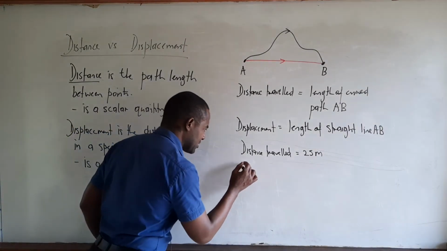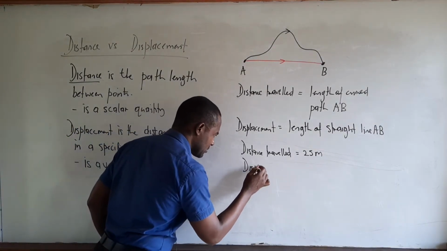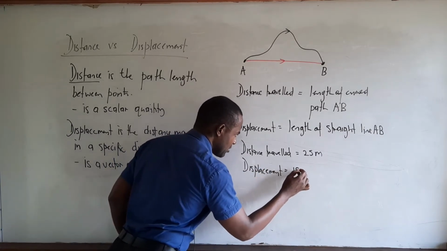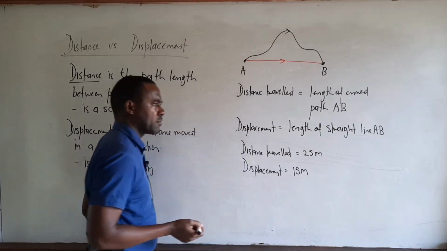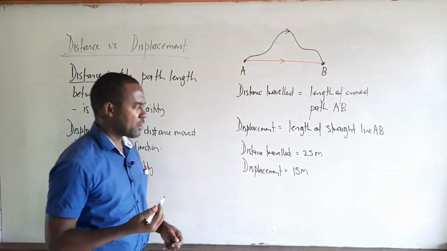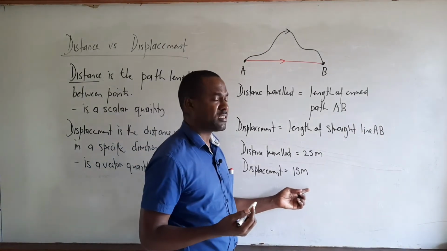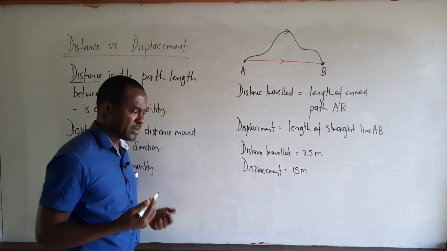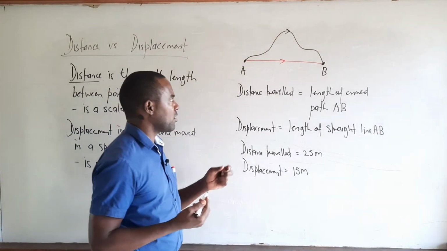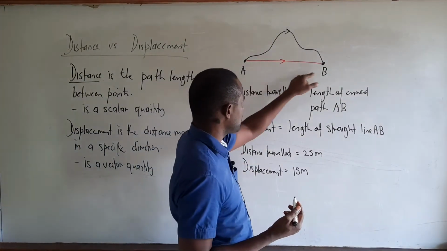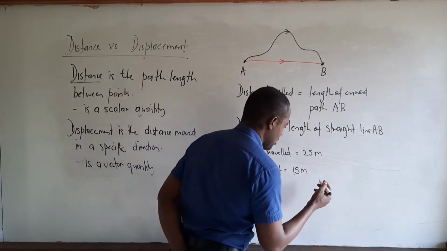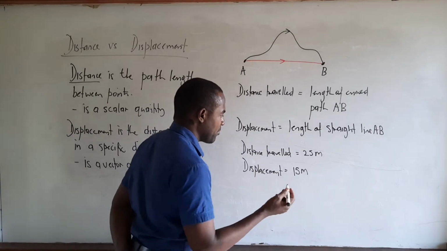We would say that displacement is equal to 15 meters. But is that statement complete? No. So far, we've only stated the magnitude of the displacement. Because displacement is a vector quantity, we must also state its direction. So because a person walked from A to B, then we could say 15 meters in the direction of AB, or from A to B.